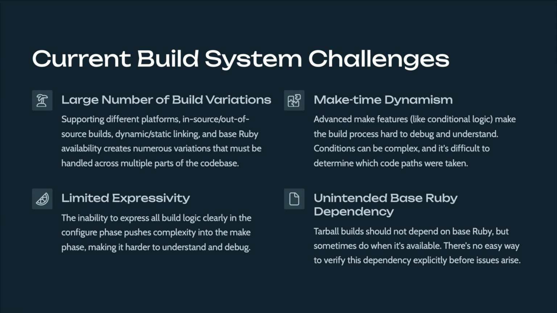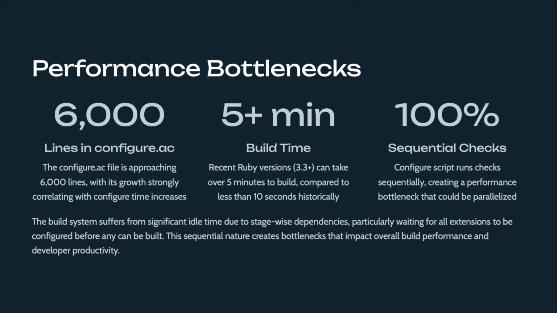It makes it incredibly difficult to just look at the makefile and know for sure what commands are going to execute without actually running the build and tracing it. Right. The logic isn't obvious from the structure. Exactly. And the source suggests this difficulty stems partly from the limited expressiveness of Configure.ac, the Autotools input file. Because it's hard to express complex conditional logic there, more of that logic gets pushed down into the makefiles themselves using these powerful but often opaque make features.